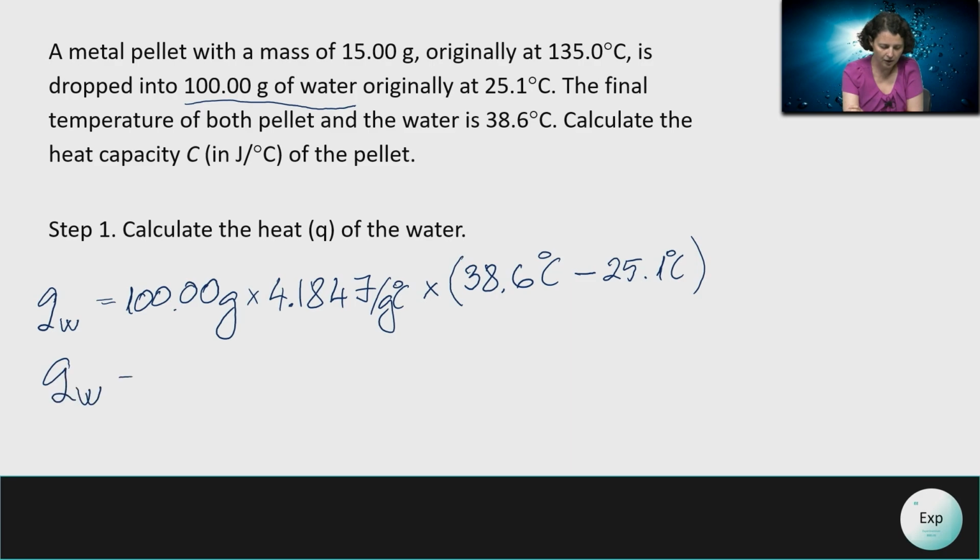If we complete our calculation, we find that the water absorbed 5,648 joules worth of heat.